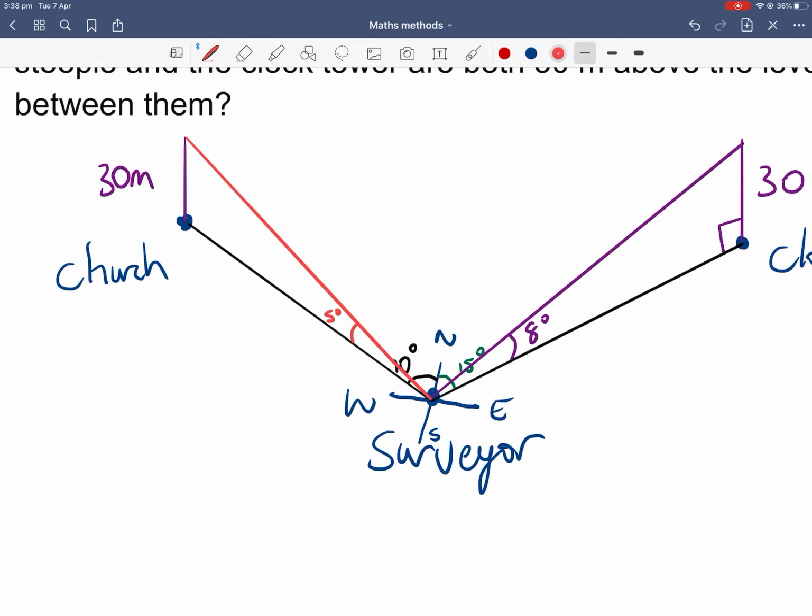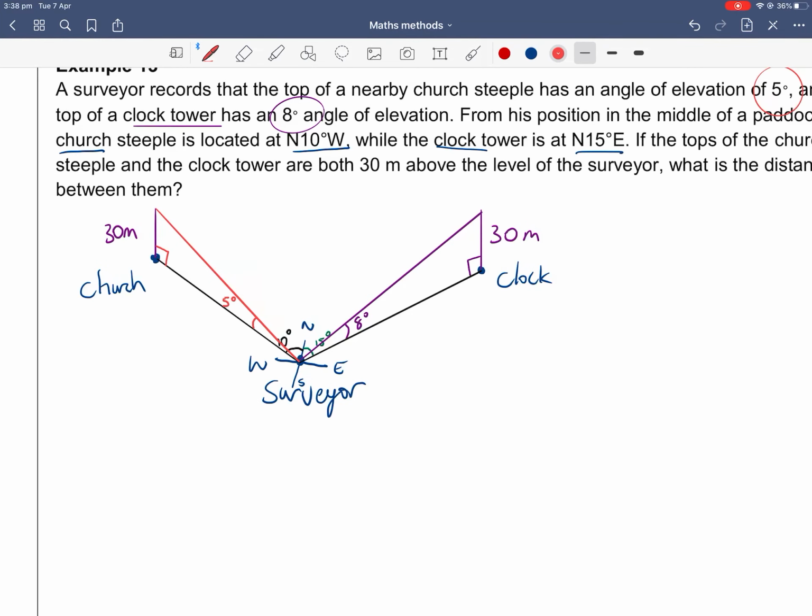So zooming in, the surveyor has to look up 5 degrees to be able to look up to the church top. And again, we're assuming that the church is perpendicular to the ground. We don't really want a leaning church tower.